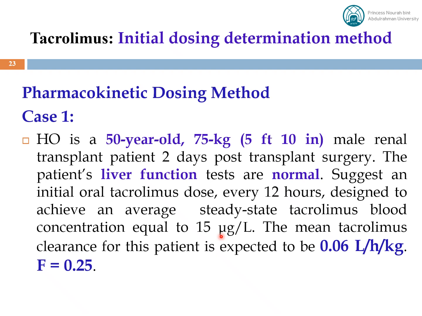So the mean tacrolimus clearance for this patient is expected to be 0.06 liter per hour per kilogram, and its F value is 0.25 bioavailability.